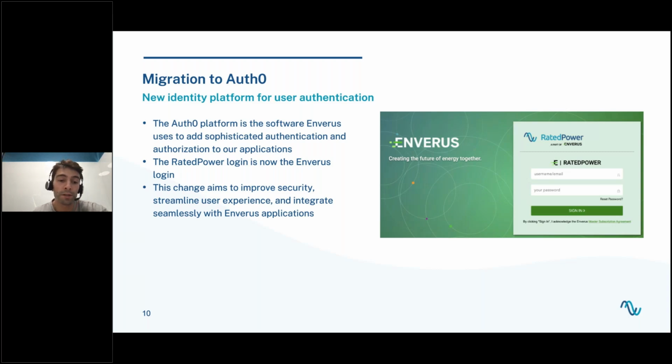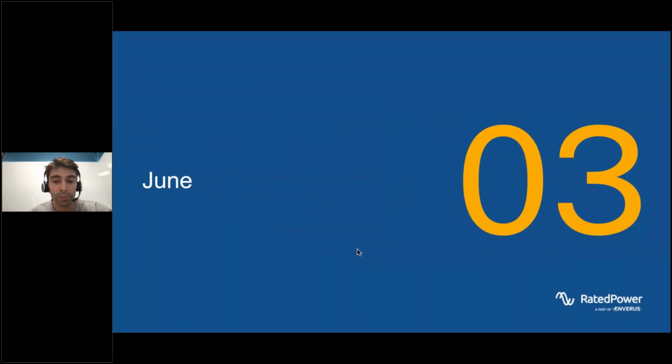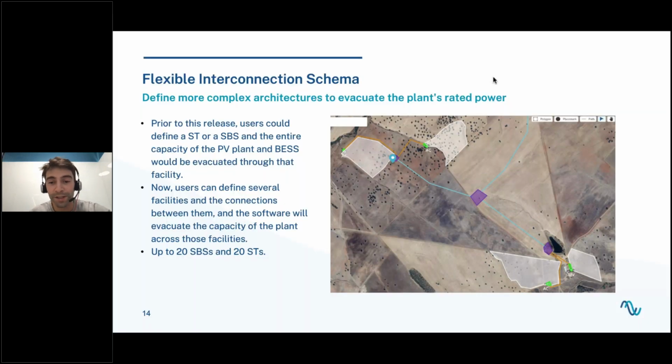And this was a change that aimed to improve the security, and also to integrate the RatedPower application with the rest of the Embeddus applications in a seamless way. So pretty cool. And then came June, which was the biggest, I would say, with very cool new features.